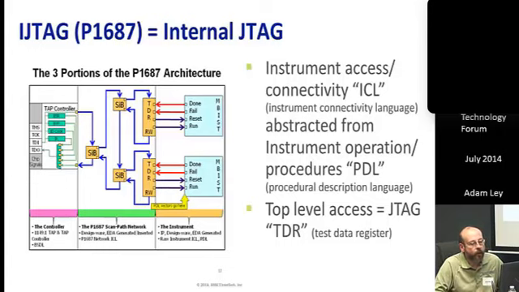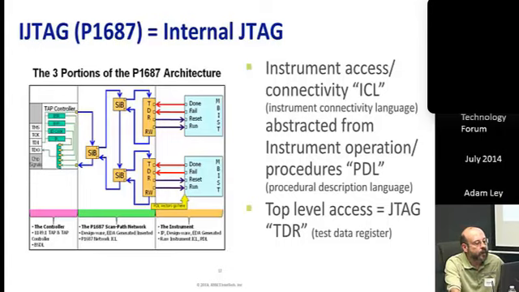IJTAG defines instrument access and connectivity that's abstracted from the instrument operation and procedures. And it does this by way of defining 2 new languages: the instrument connectivity language, which describes how the instruments are connected through a network back to the top level access, which is by way of a JTAG test data register. The procedural description language then describes procedures that are defined in terms of the instrument interface.